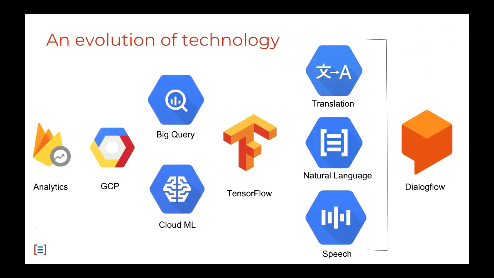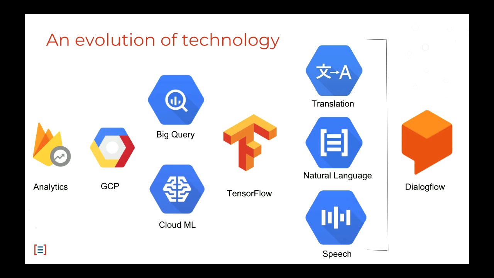And the last part of why it is a good moment to start developing that is that we are at the state of the art of the technology. So now we have a lot of tools that help us implement a conversational interface inside an app very easily and in a short time. So here are the Google tools because we are going to talk about Google tools. For example, we have the cloud platform.